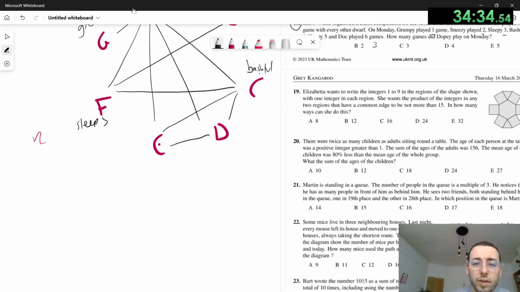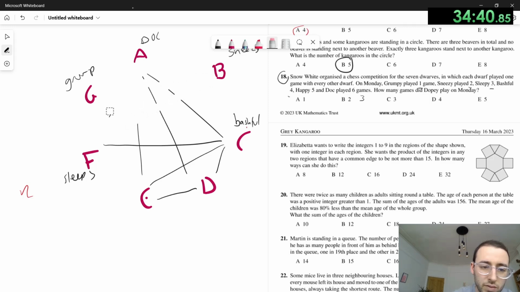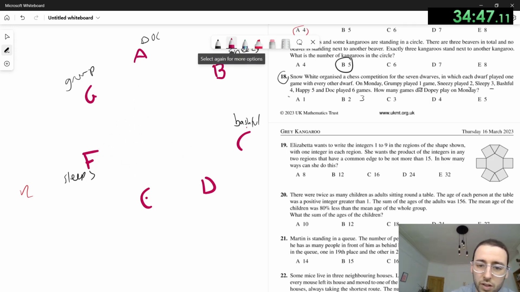I think I've gone about this the opposite way, maybe. Start from the bottom, maybe? Okay, so let's start from Doc. My guy only plays 1 game. Bashful plays 2 games. Sneezy plays 3.